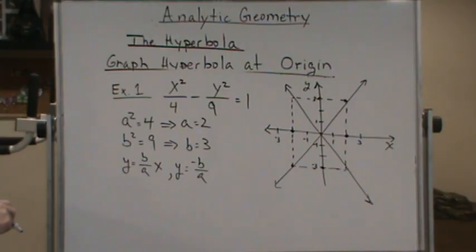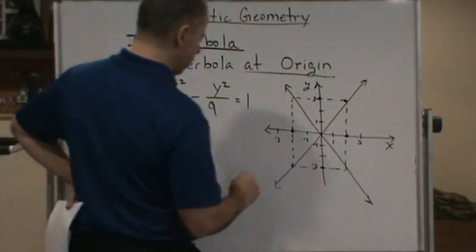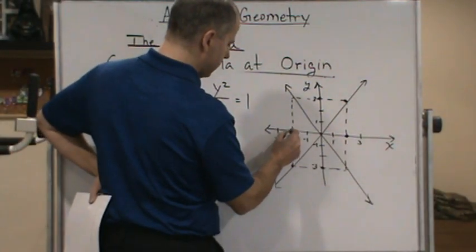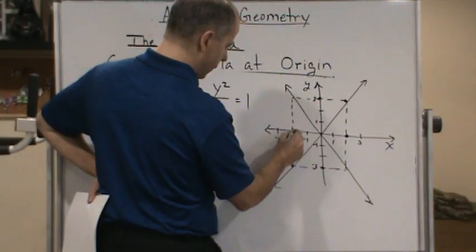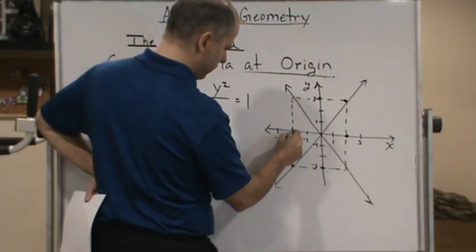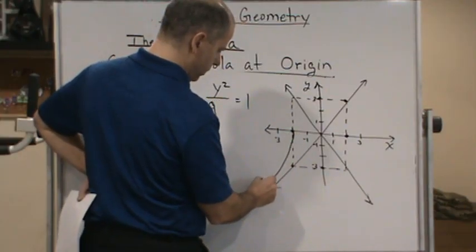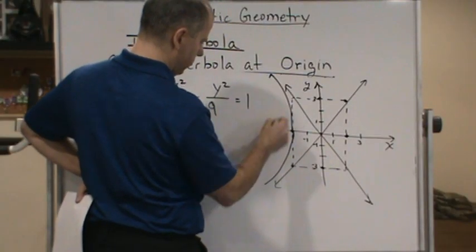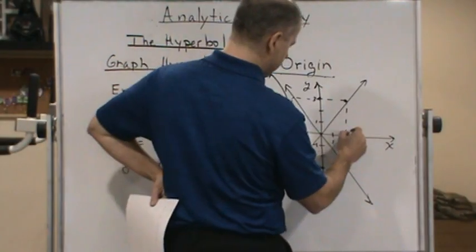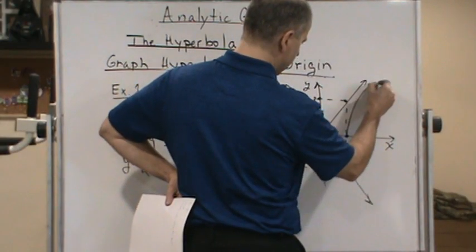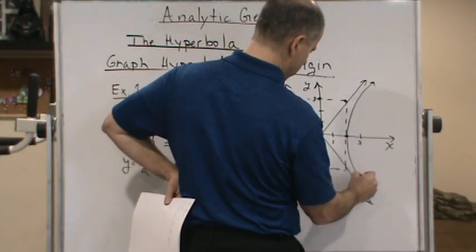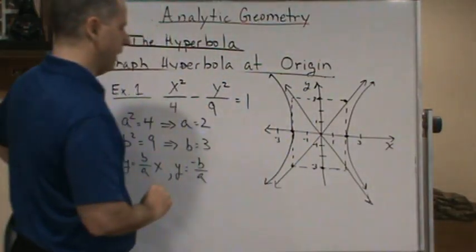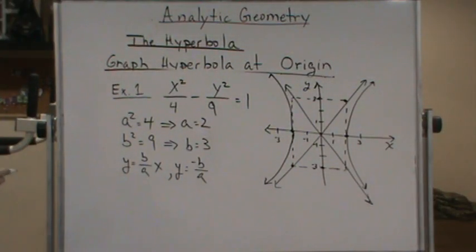Okay? And now what we're going to do is sketch the graph. So we start at the vertex and we curve towards the asymptotes, right? So again, it doesn't have to be perfect. Just like that.